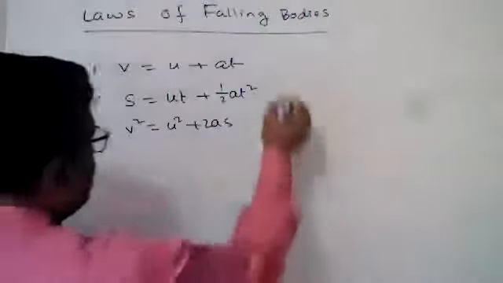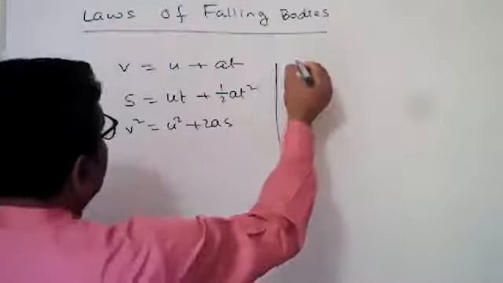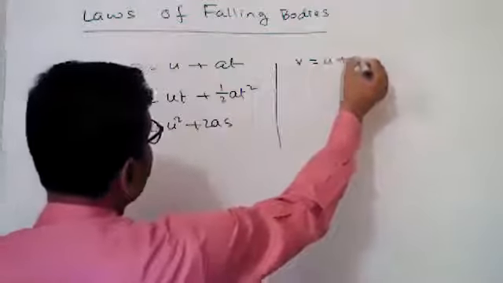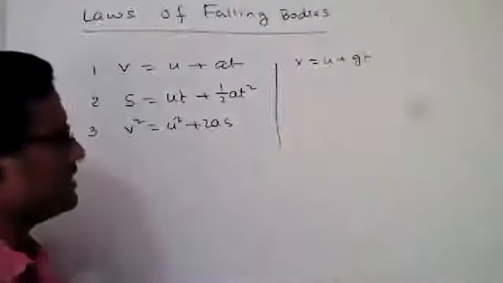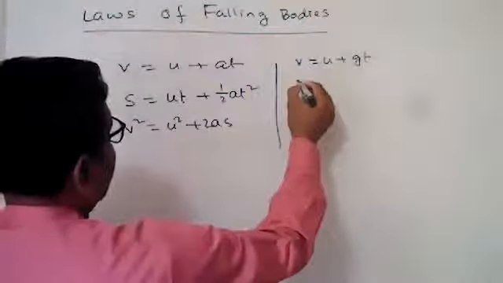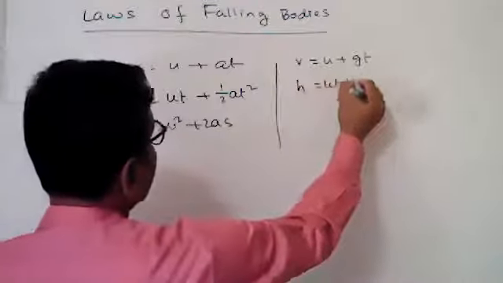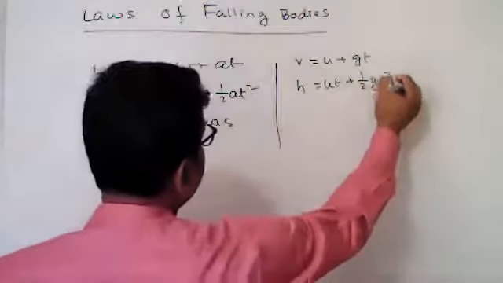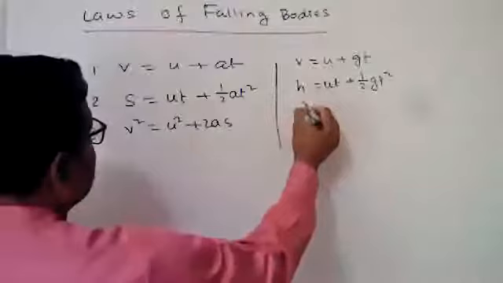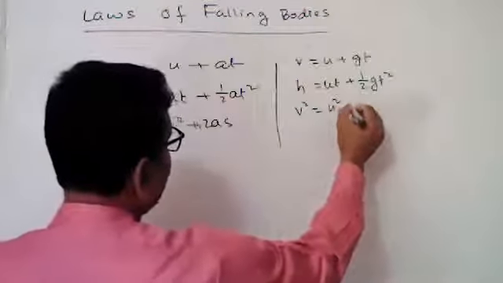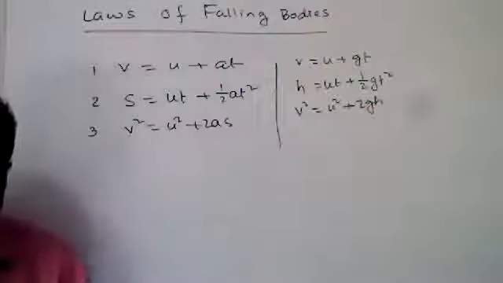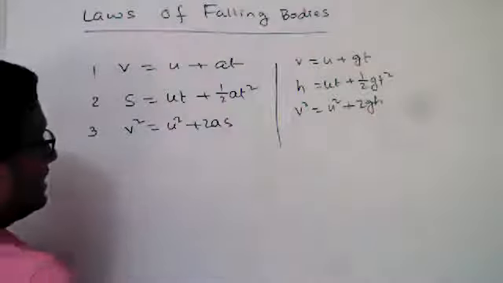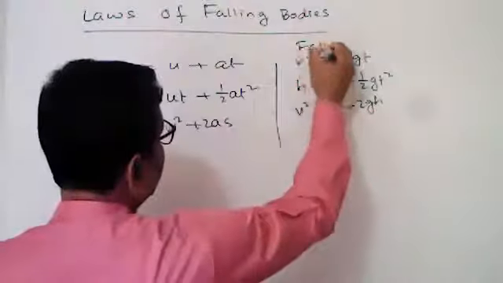For falling body, the equations will be V equals U plus GT, H equals UT plus half of GT square, and V square equals U square plus 2GH. This is for falling body.